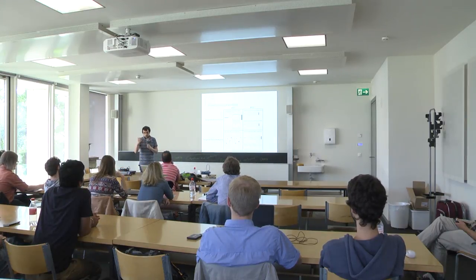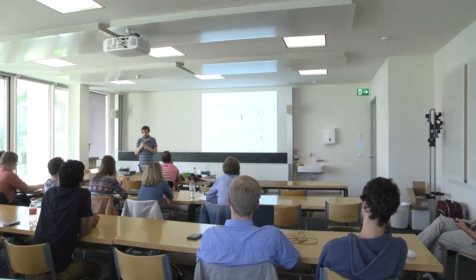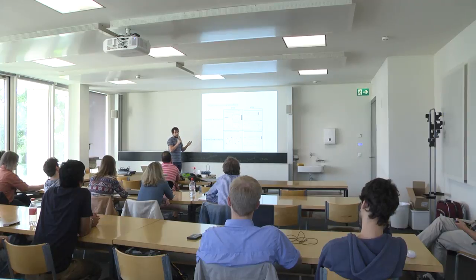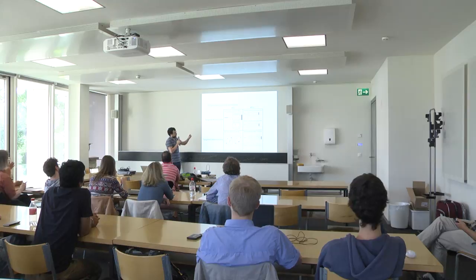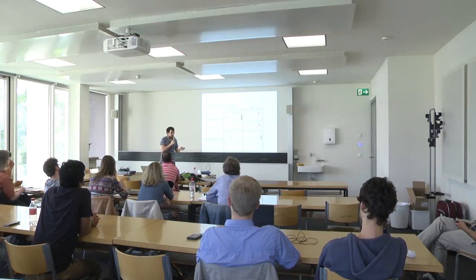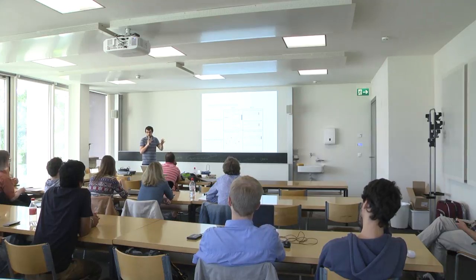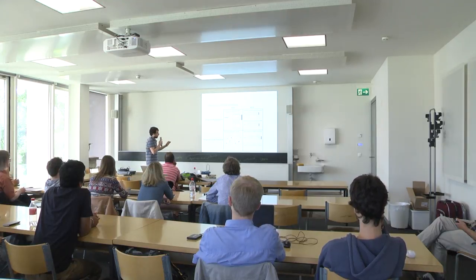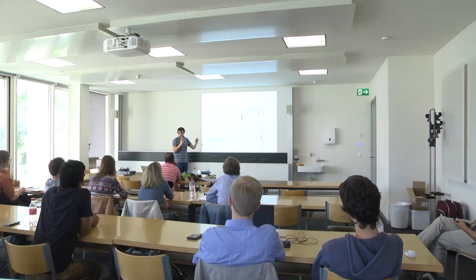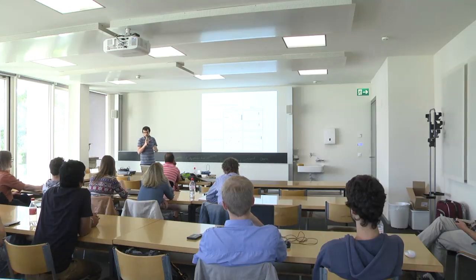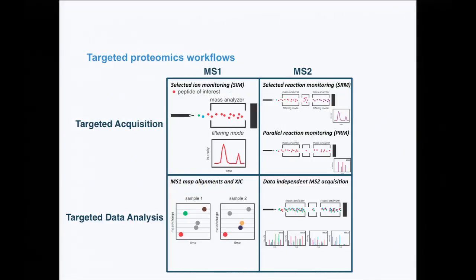To summarize what you have been seeing in the course, an old method that is targeted at the acquisition level with MS1 would be, for example, SIM, selected ion monitoring. I'm operating the first mass analyzer as a filter. I monitor just the mass of my precursor over time. A similar thing would be targeted at the MS2 level with SRM or even PRM.